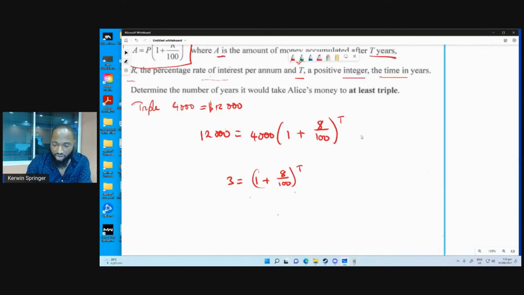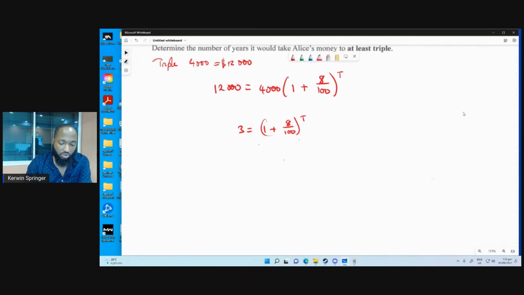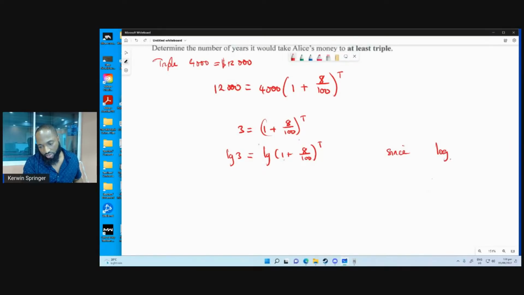What's the best way to get rid of that, to bring down that T to our level? So now we hit it with the logs. T, let's not jump the gun. Log of 1 plus 8 over 100 to the T. There's this rule with logs that says if you have log of A to the M, it is equal to M log A. Very power law.